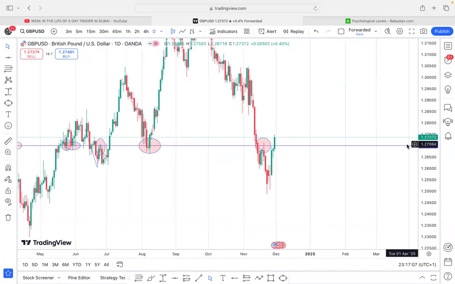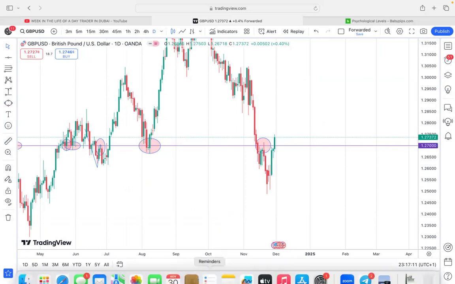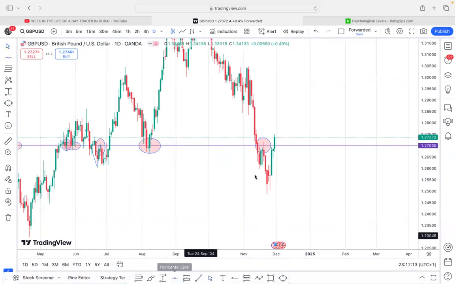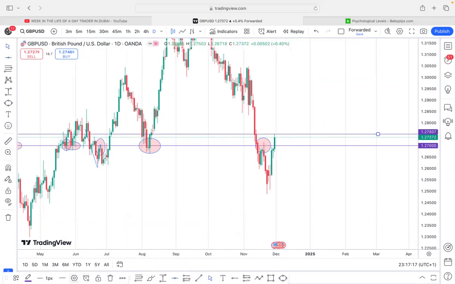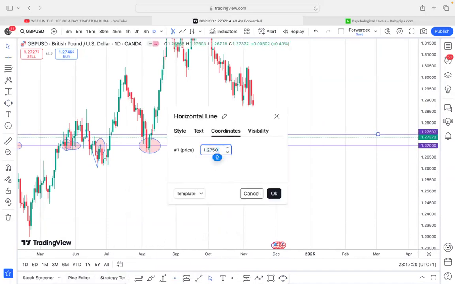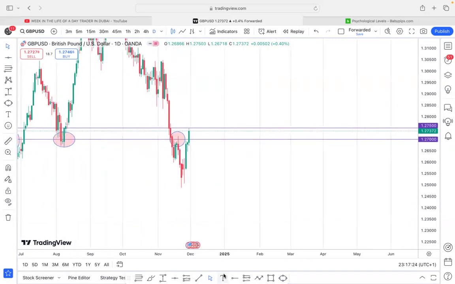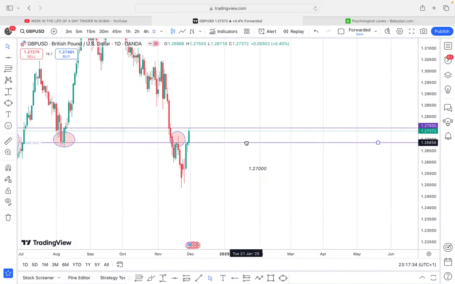So now we have the current psychological level being a rounded number, 1.27700. What is going to be our next psychological level? 50 points, 50 points away from our current zone. We know that 1.27700 is our current level.